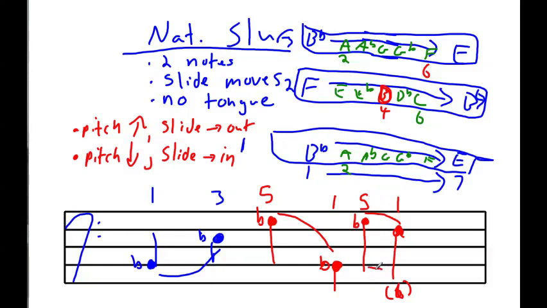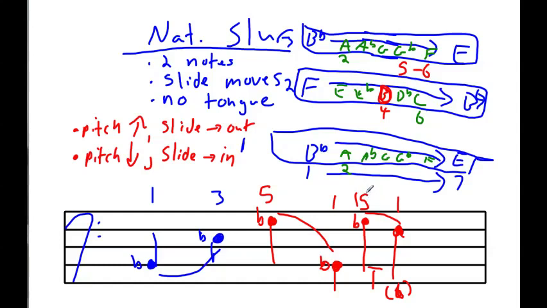If I were labeling that, I would put a T there for if it was in sixth position. So I'm using the alternate position for F here, 5 to 6. And so that doesn't go with this rule. The pitch is going down, but the slide is also going out. So that's going to be a tongue slur from 5th to 6th.